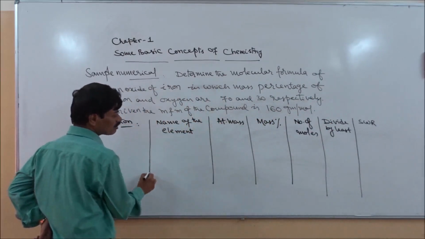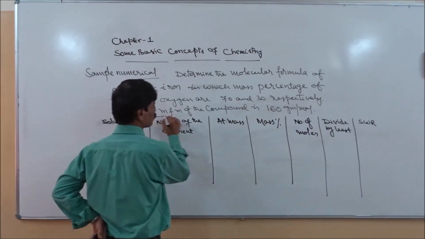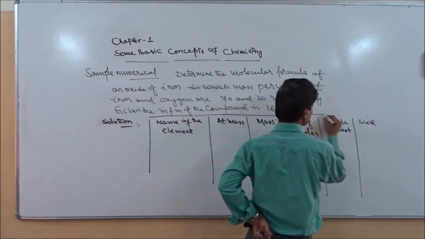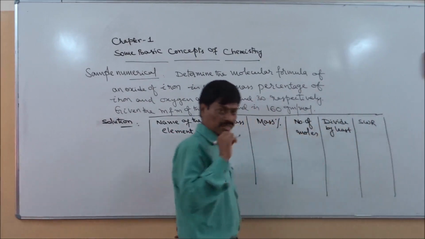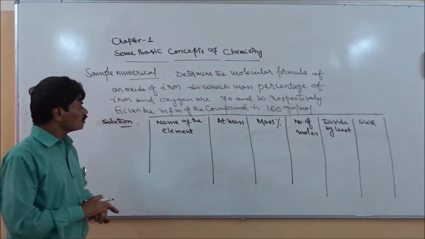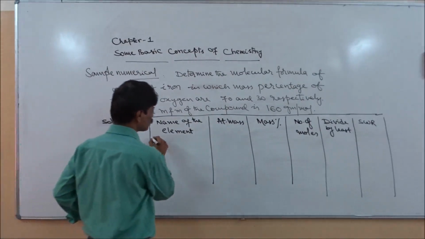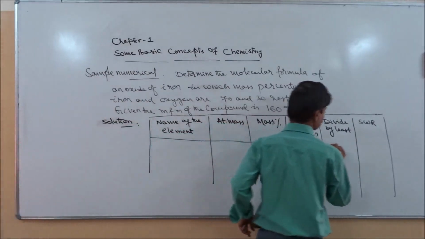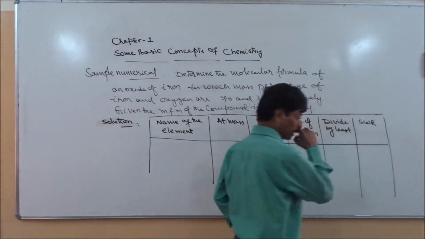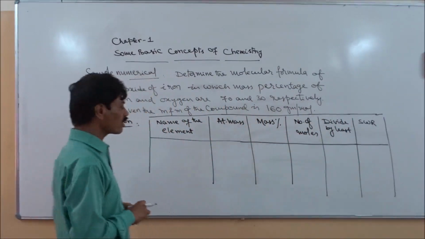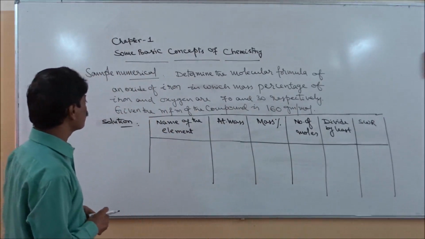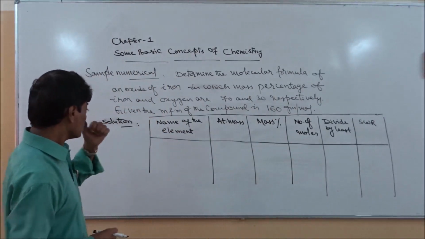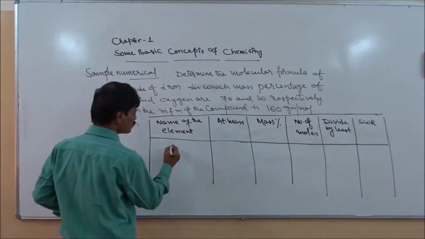So whichever numerical is there, where you are asked to calculate or find out the molecular formula, you need to remember this table. You have to memorize this, like the Hambach principle, how you memorize the diagram. So here you have two elements, iron and oxygen.